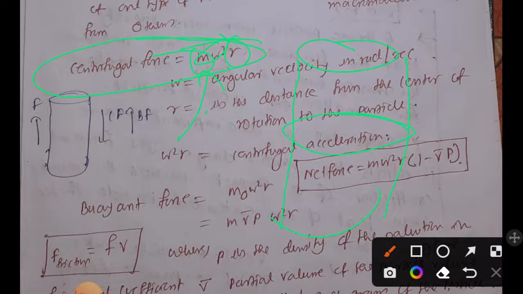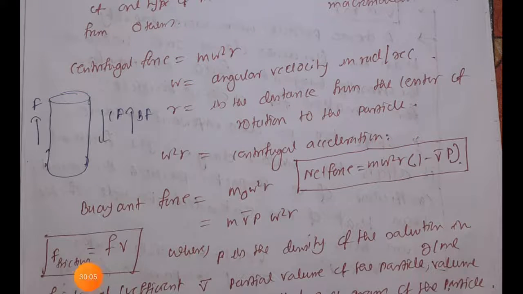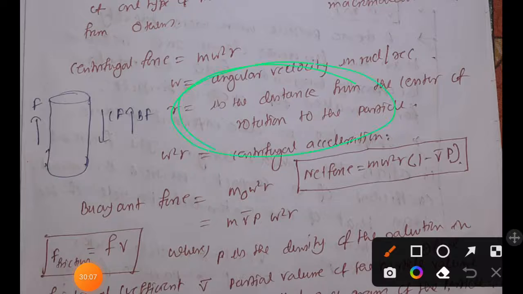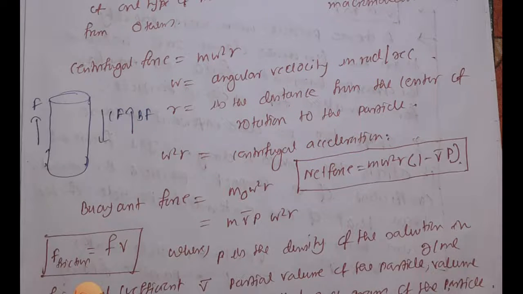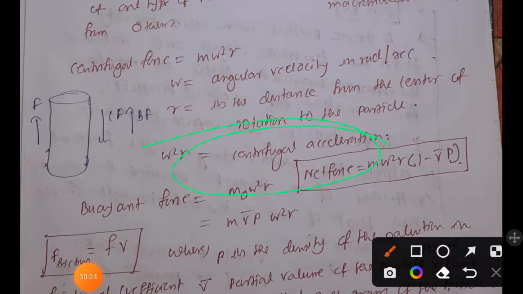Remember, particles are moving about an axis. So omega square r is the centrifugal acceleration that ultimately gives us the centrifugal force, m omega square r.